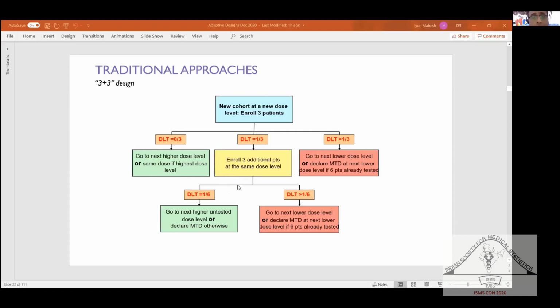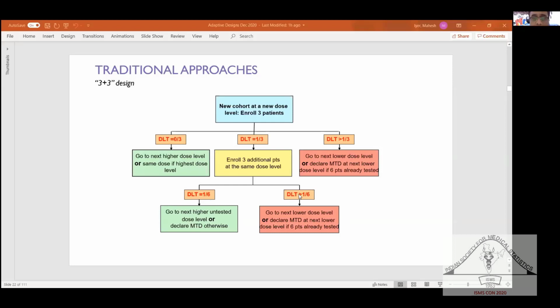So now how many patients do you have at 10 mg? 6. 3 from before and 3 new. So if none of the new 3 and only one of the old 3 have it, then it is 1 out of 6, correct? So your dose limiting toxicity is 1 out of 6. If this is the case, then you can go ahead, again you're in green, and you can go to the next higher dose level, which is 15 mg.